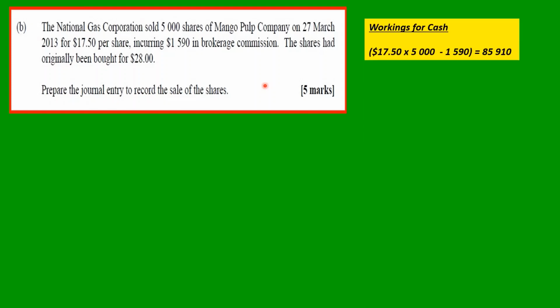For the cash, it would be 17.50 multiplied by the 5,000, and then you're going to pay 1,590 from it. So the cash you're going to receive on the transaction should be 85,910.